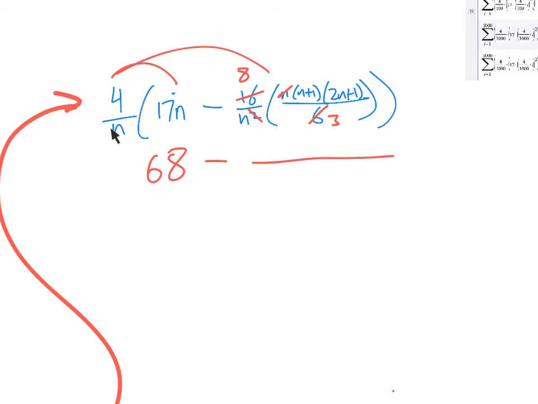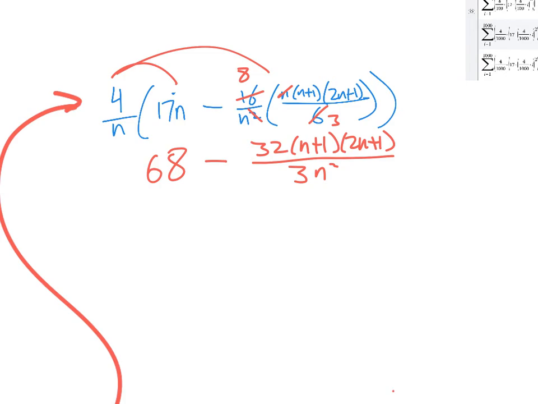And then let's go ahead and take this 4 over n times what we have left there. And we got 4 times 8 on top. That's 32. And we have n plus 1 times 2n plus 1 all over, on the bottom, n times 3, and that's going to be 3n squared.